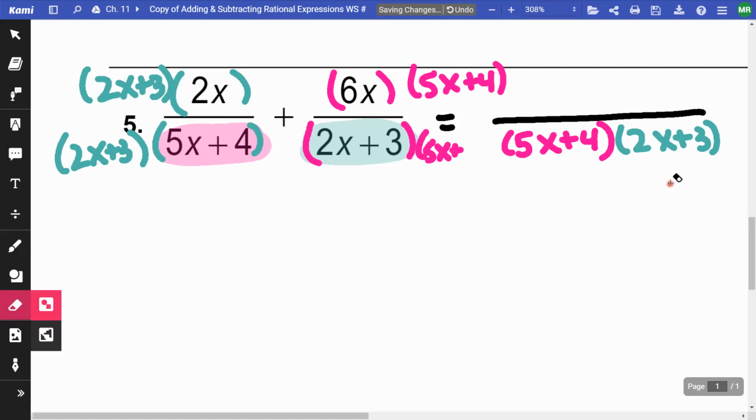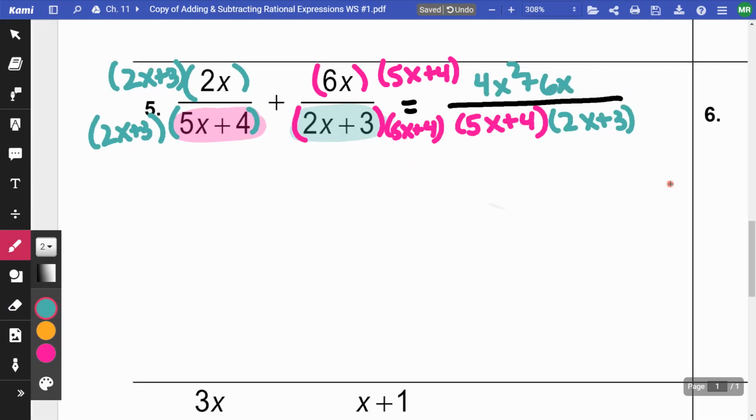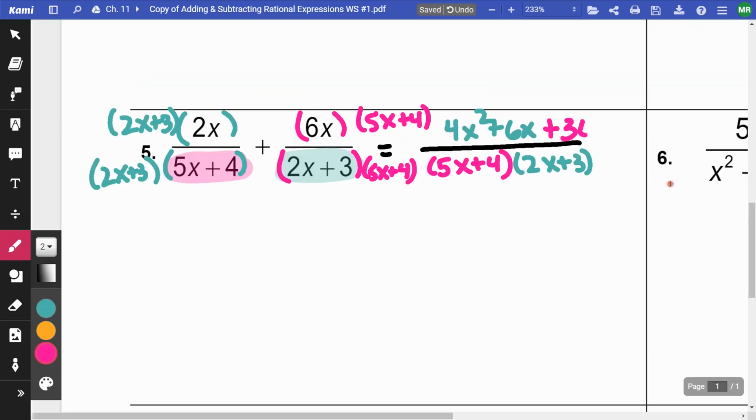And when I do, on top, I'm going to get a 4x squared plus 6x plus, from the second fraction, I'm going to have a 30x squared plus 24x.